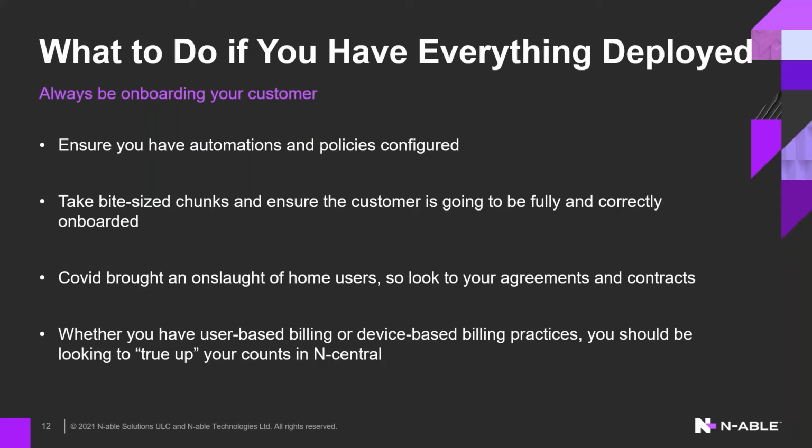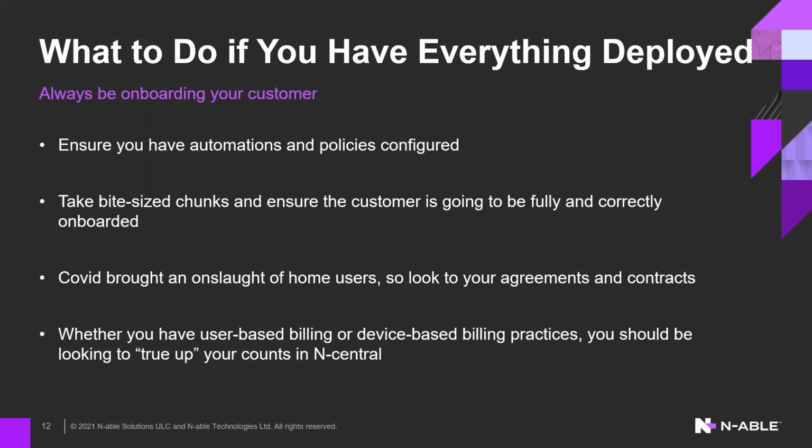I've seen this so many times with our customers, because I meet with partners all the time and talk to them about how to optimize their N-central, and they have devices that aren't checking in for like 6 months to a year, those kinds of things. So what I always tell people is look to your agreement and your contract and make sure those amounts add up.